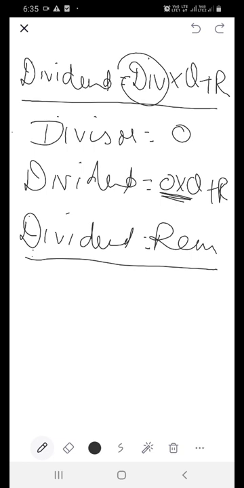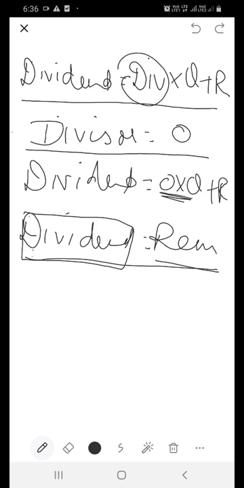So the algebraic expression which is to be divided becomes your remainder. This concept, where we put the divisor as 0, will be used to find the remainder.